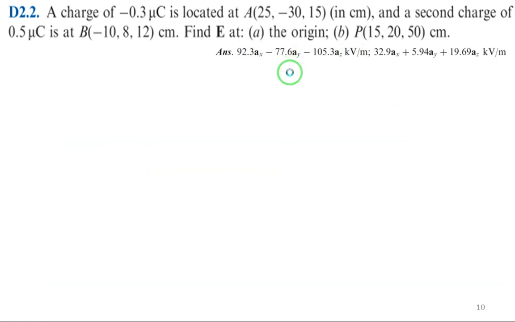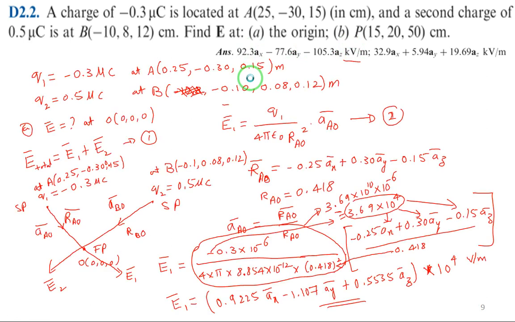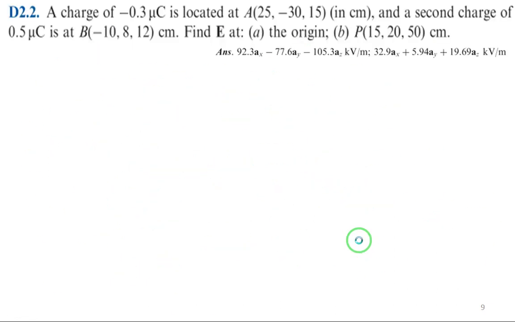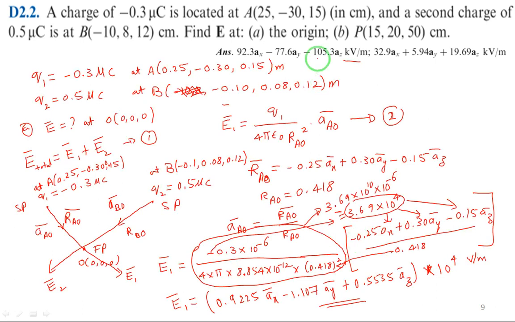Just let me verify. 9.2 means 9.3. 7.8, they have got 7.7, no problem. Then last one minus 9.5. Let me check the sign. They should get 95 something. 105 they got, no problem, because in the calculations they have taken fractional part, something like that, right? It's correct, right?